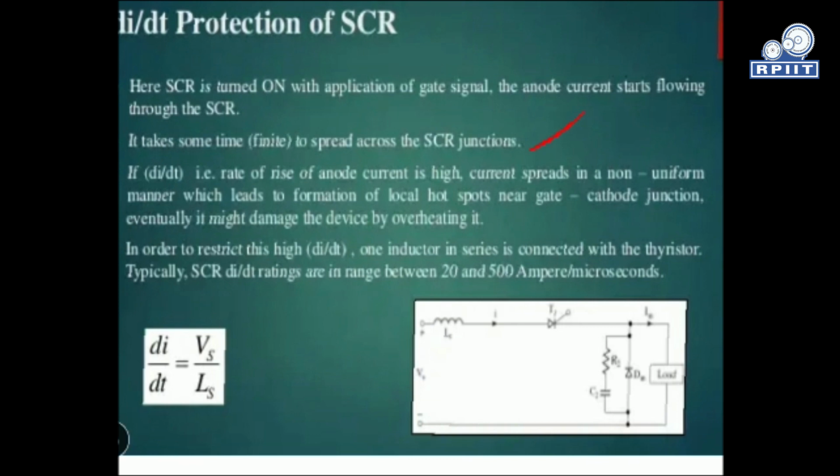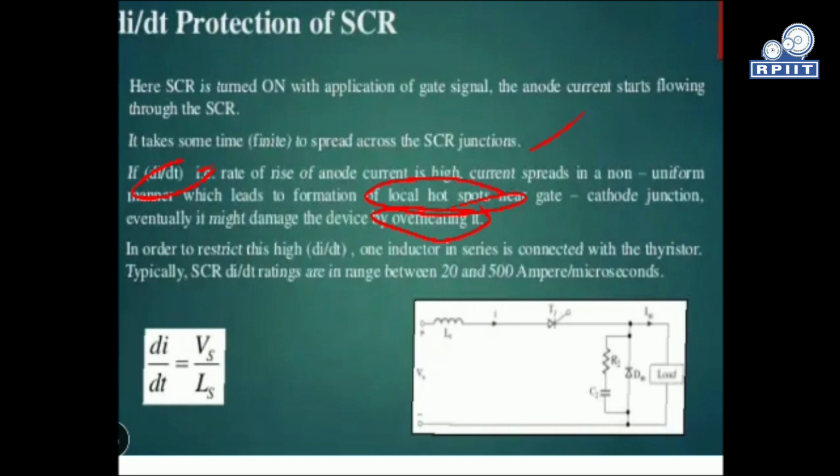So if the change in current, that is di over dt, increases to a high value, the current spreads in a non-uniform way throughout the thyristor junction, and it may create a local hotspot. This local hotspot will increase the temperature of our junction, which may lead to overheating of the device and damage the device as well.